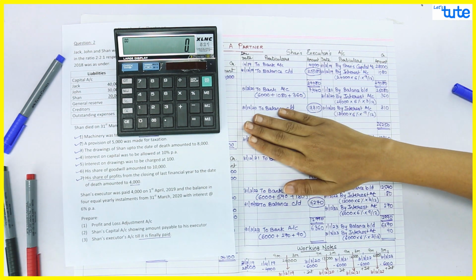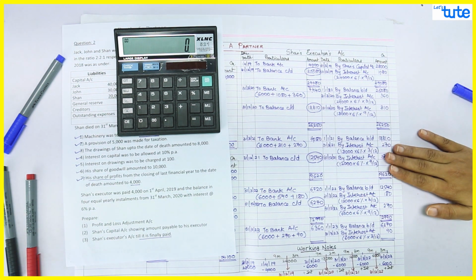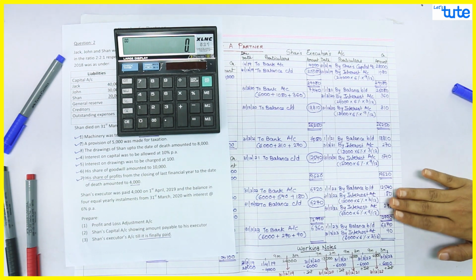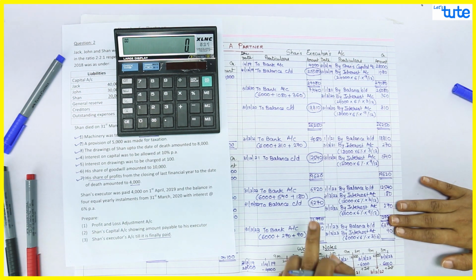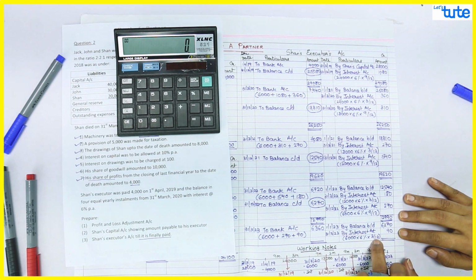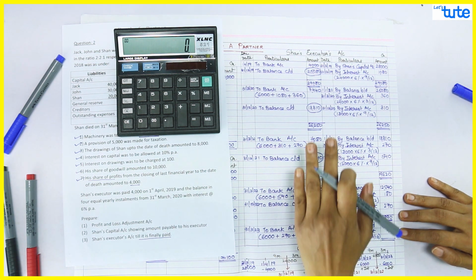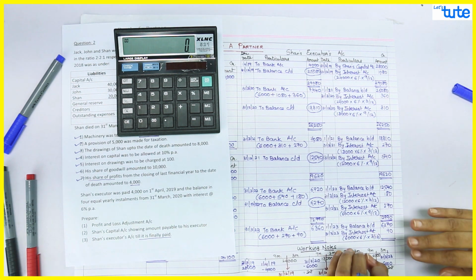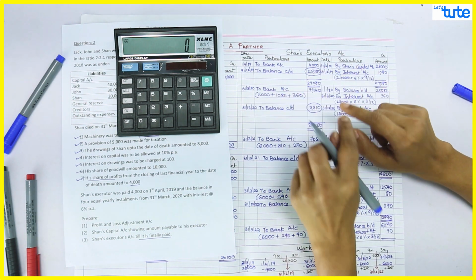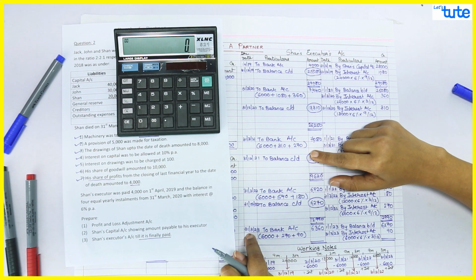Since there is no payment, balance carried down. Accrue the interest for 3 months, pay the installment, then 9 months, balance carried down. 3 months, pay installment, 9 months, balance carried down. Finally, last 3 months interest paid and the installment paid and the executor's account tallies. That means we have paid all the dues to Shan's executor account on 31st March 23.